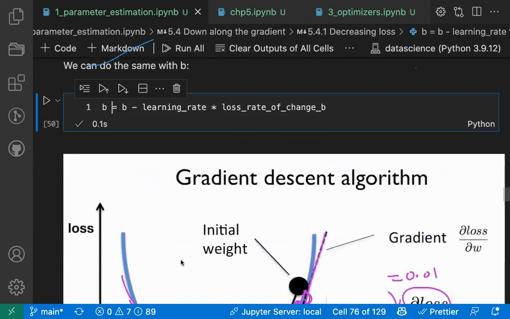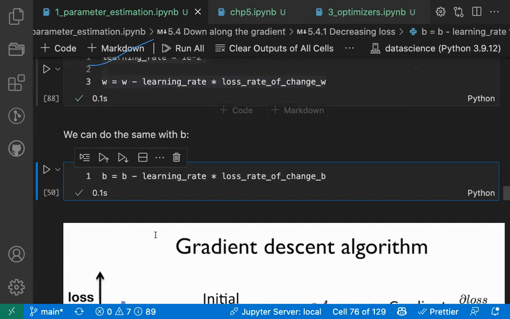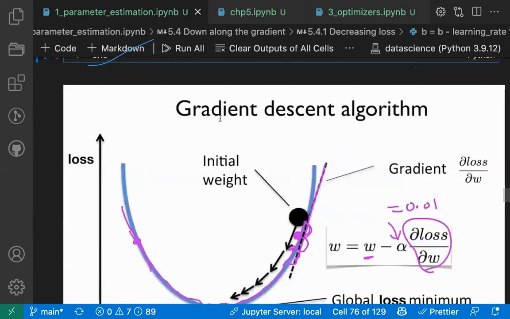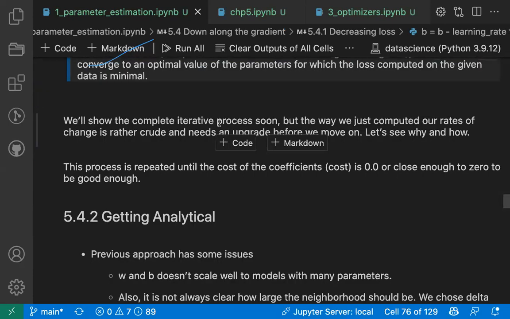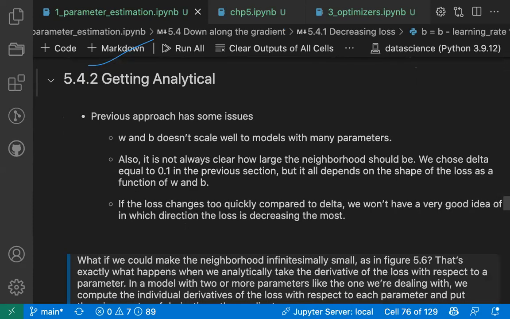Remember here, if we have this W times X plus B, B is a constant. So if we have Y equals MX plus B, and we want to find the derivative of this, what will remain? If we want to find the derivative of Y with respect to X, what will be the result of this?